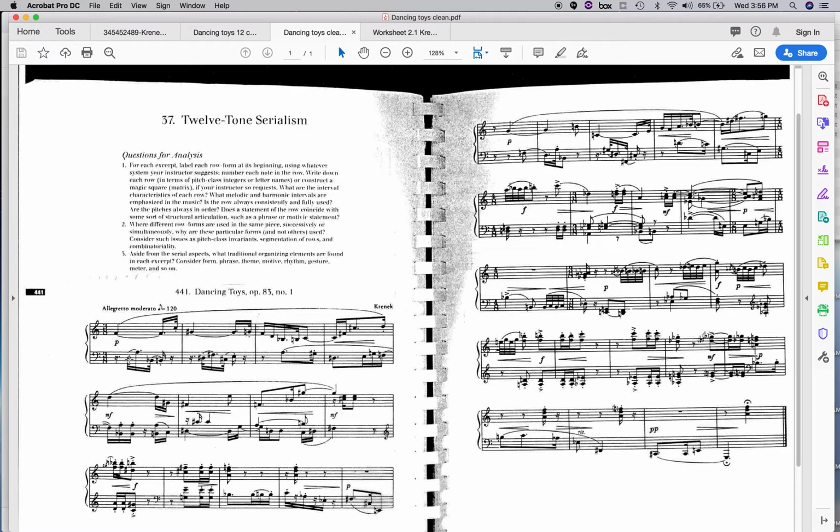So we've got F, D, A, B flat, B. Now again, remember this F is held out, but it doesn't matter. It's where the attack points are. B, C, G sharp, D sharp, F sharp, C sharp. What did we have? 12 yet? 1, 2, 3, 4, 5, 6, 7, 8, 9, 10, 11, E, G, 12. And then we come back to F again. So the first two bars are the P0.